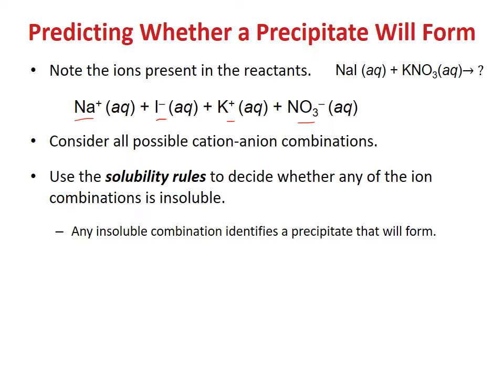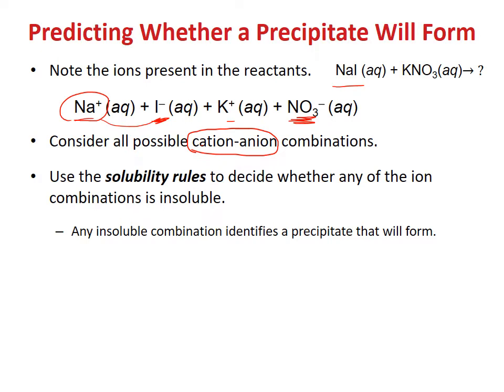Next, consider all possible cation-anion combinations, because only a cation and an anion may combine to form ionic compounds. So let's look at the cation sodium. Sodium is a cation, so it can combine with another anion, for example, iodide or nitrate. If we combine with iodide, it goes back to sodium iodide. So that doesn't go anywhere, it's a reactant.